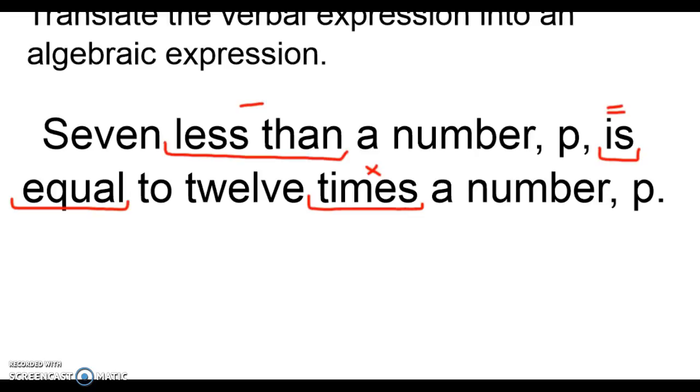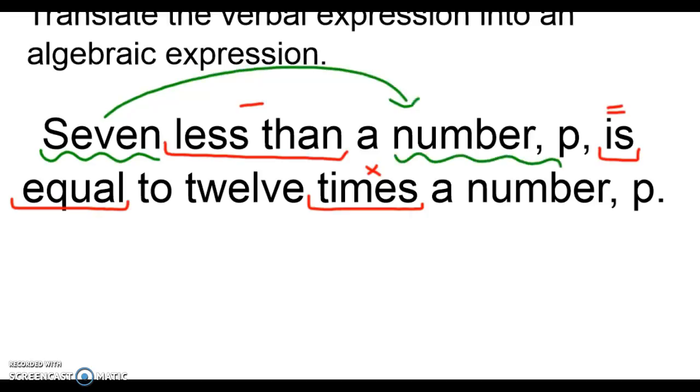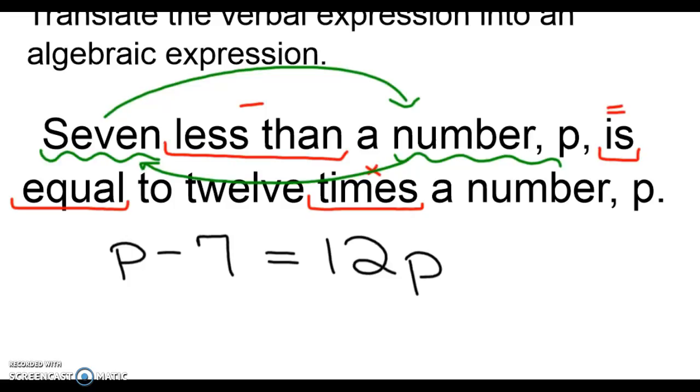Now, if you remember back earlier, we said that when you had less than, whatever was written in front had to go in the back, and whatever was in the back had to be tossed up front. So when we look at the answer you selected, you should have said p minus 7 is equal to 12 times p.